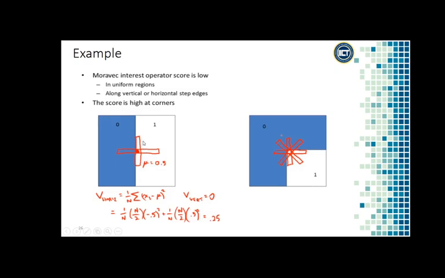But when you perform it in the vertical direction, the variance results in 0. And if you take the minimum of the vertical and horizontal, you will receive 0. And 0 means there is no variance, but we want to find some variance.